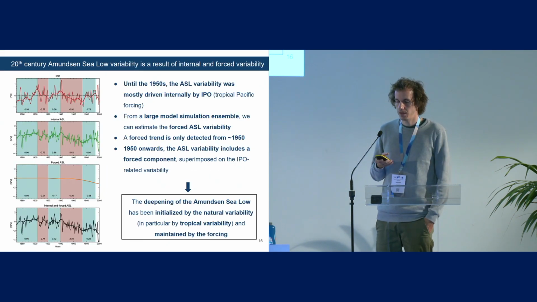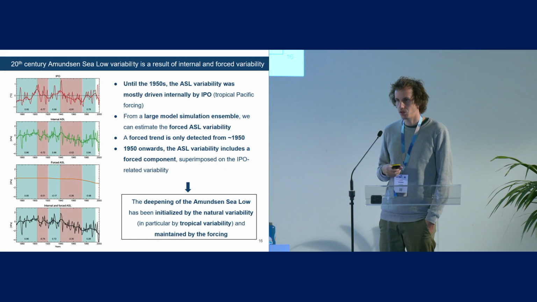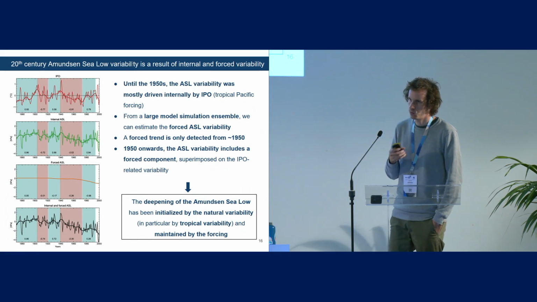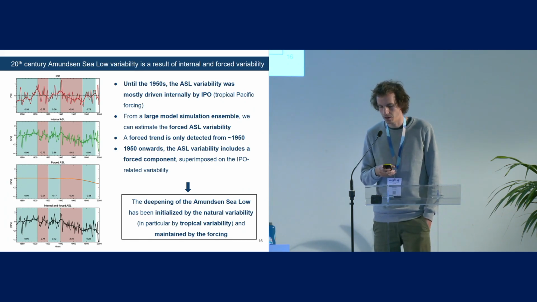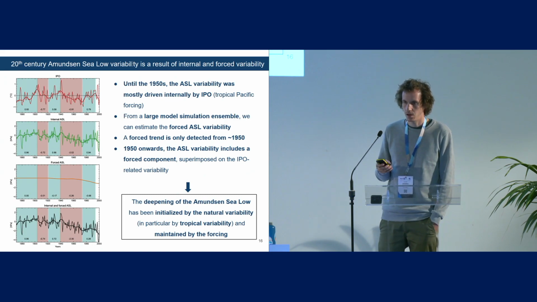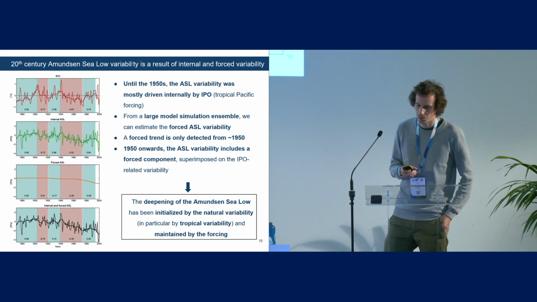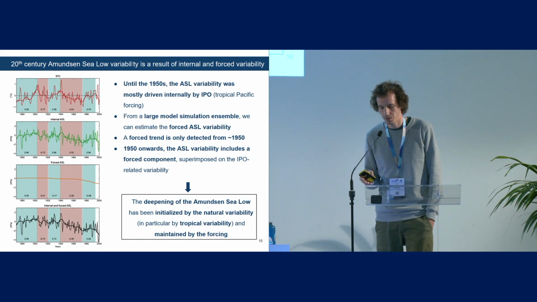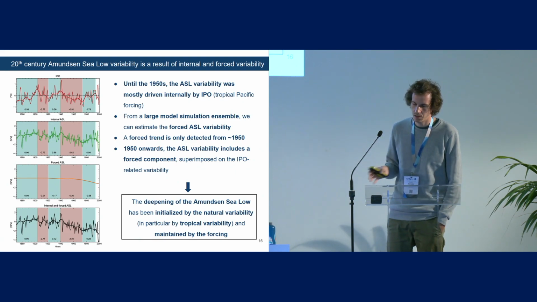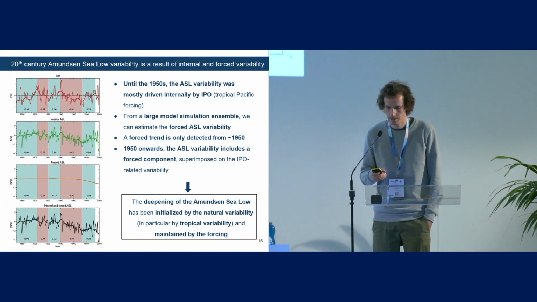So now we know that the Interdecadal Pacific Oscillation is a key driver of the multi-decadal variability of the Amundsen Sea Low. What is its role in the full variability of the Amundsen Sea Low? So not only the multi-decadal variability, but the full variability over the last century.